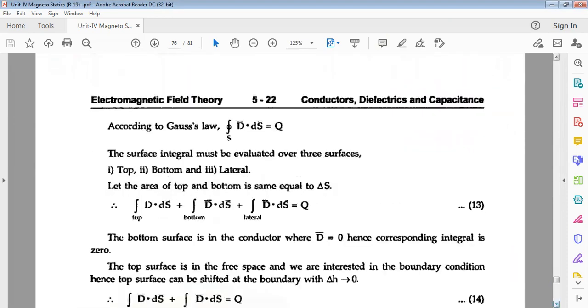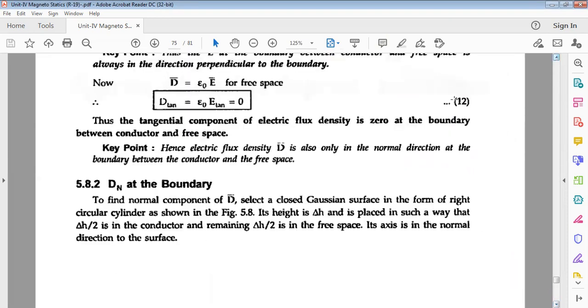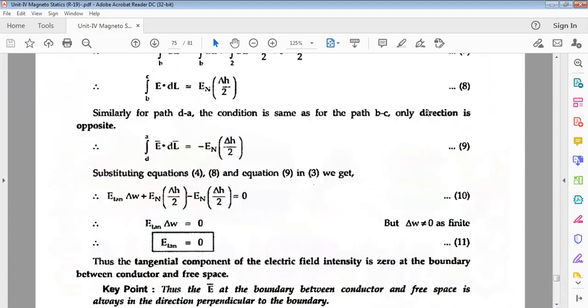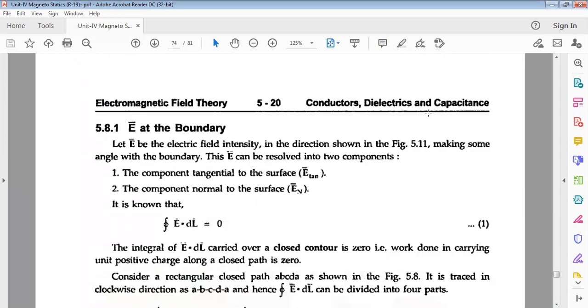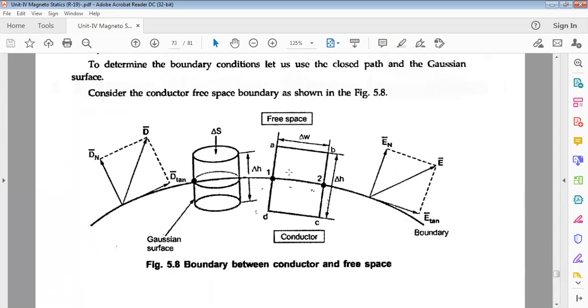Now we go for the normal component. To find the normal component, for D bar, a closed Gaussian surface is selected in the form of a right circular cylinder. See in the diagram, two diagrams are there for the boundary between dielectric and conductor. I took a rectangle to find the tangential components.